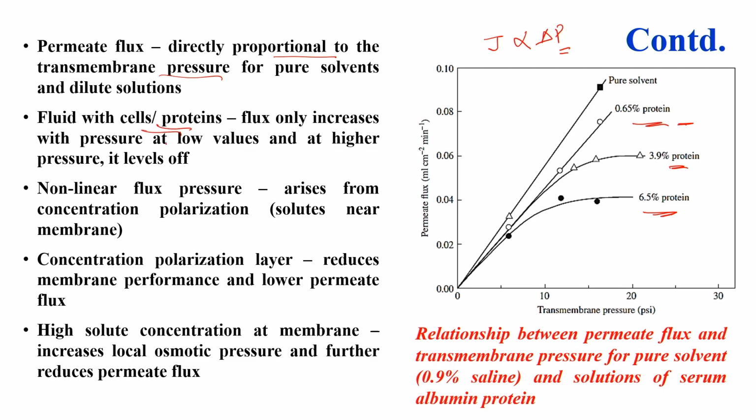But when we have a fluid with cells or protein, the flux only increases with pressure at low values, and at higher values it levels off. This nonlinear flux arises from concentration polarization, where the solutes get deposited near the membrane. So, this reduces the membrane performance and lowers the permeate flux.